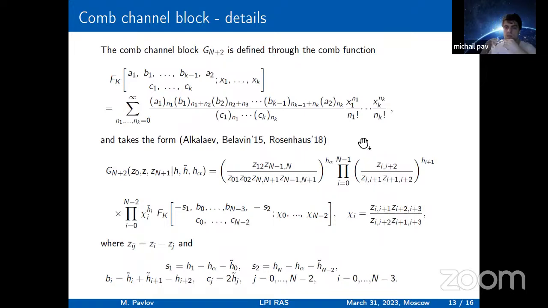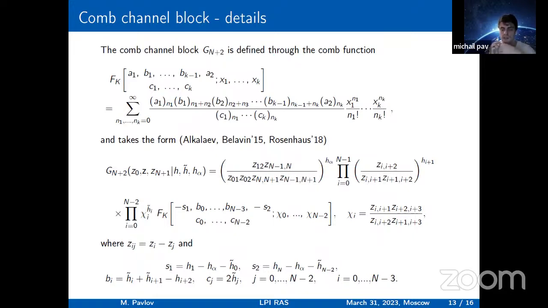And this is useful because the dependence on z0 and zn1+1 is only in these two guys, in the first one and in the last one. And if we reduce this sum from the infinite sum over n1 and nk to only one term, which is 1, this is going to be much more simple.